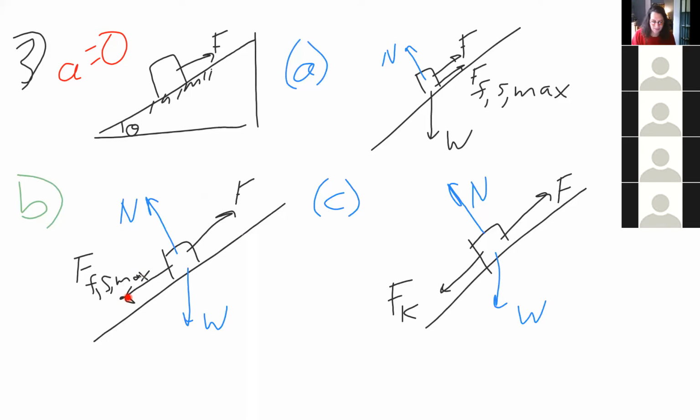In other words, it's always going to be in the direction opposite the direction of motion. So in part A, the block wants to slip down, so the friction has to pull it up. In part B, the block wants to slide up, so the friction has to pull it down. In part C, the block is sliding up, so the friction is pulling it downward. Cool.